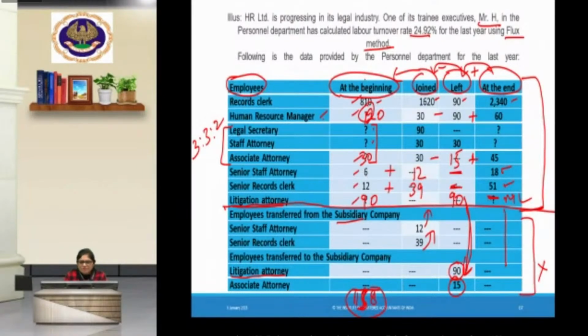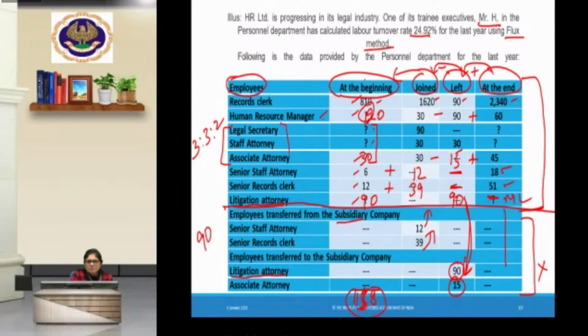Whatever employees we have, you deduct out of them. So we are left with 90.